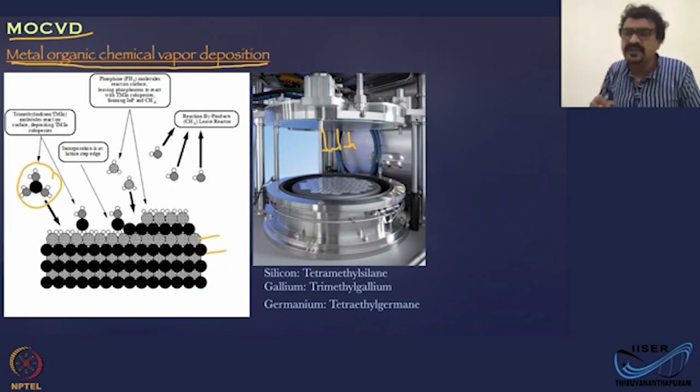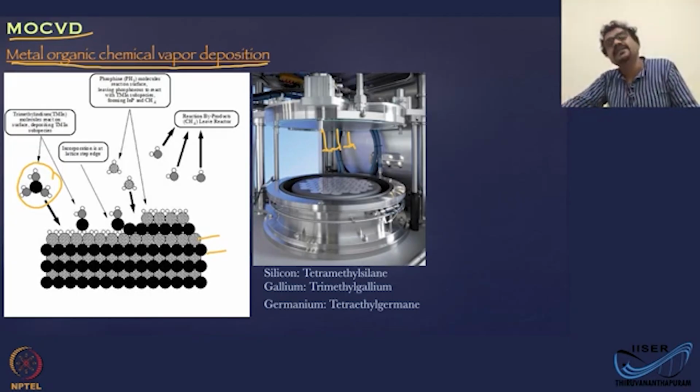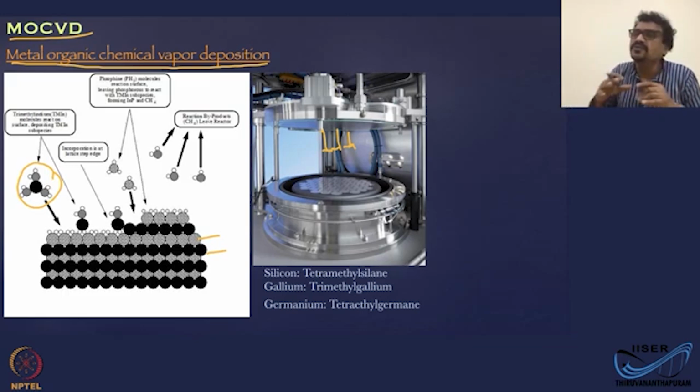Of course, this is also a very popular process, especially for industrial scale growth, because MBE, what we discussed in the previous slide, is a very slow process, it takes a lot of time, and there are uniformity issues.